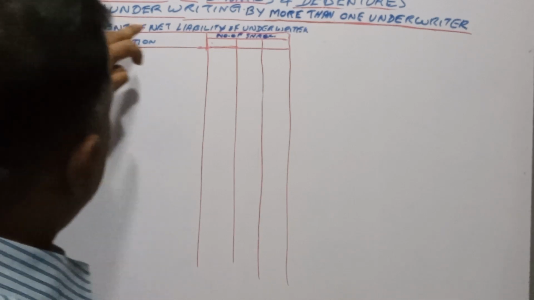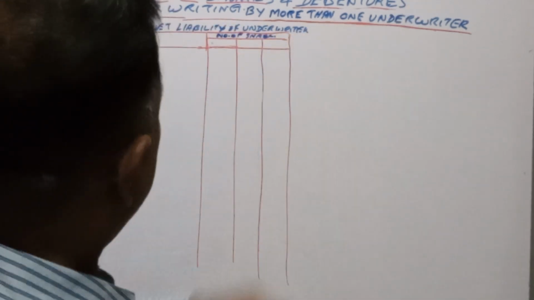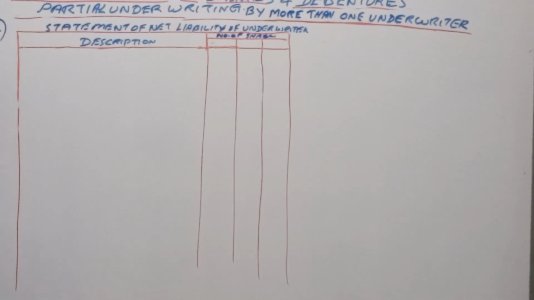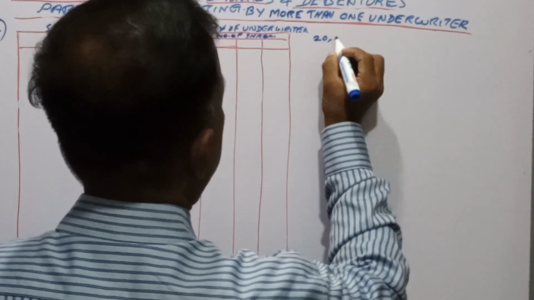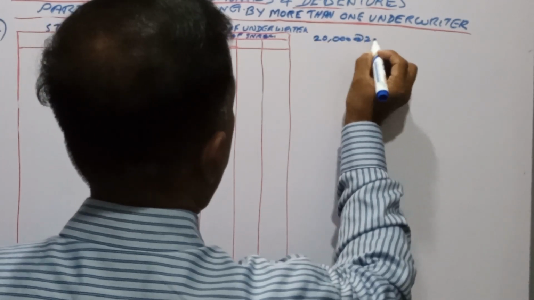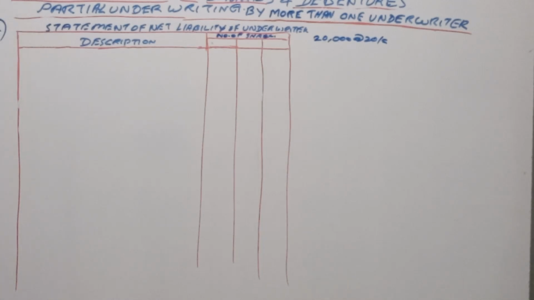Next one is partial underwriting by more than one underwriter. In that, a company limited issued 20,000 shares at the rate of 20 rupees. These shares were underwritten as follows: A 10,000, B 6,000.